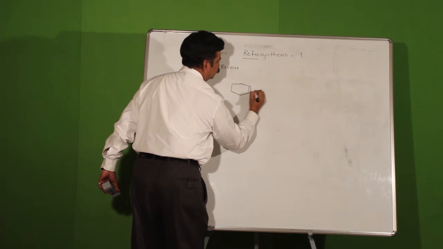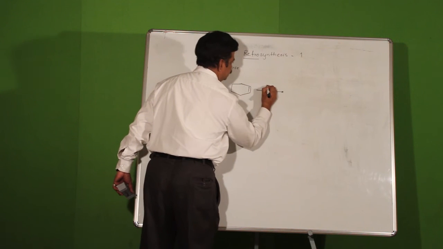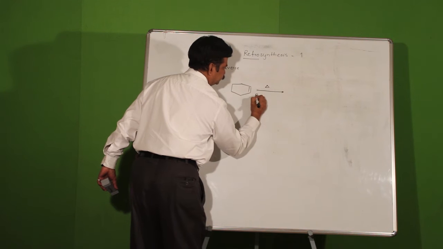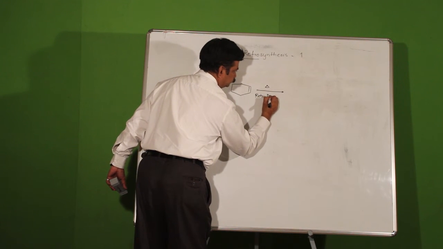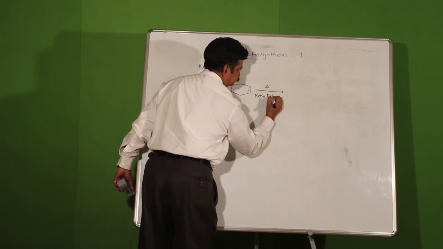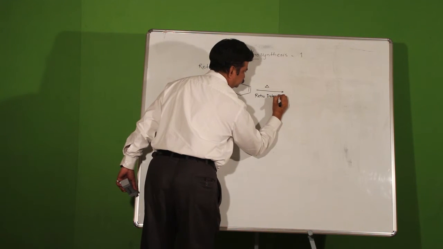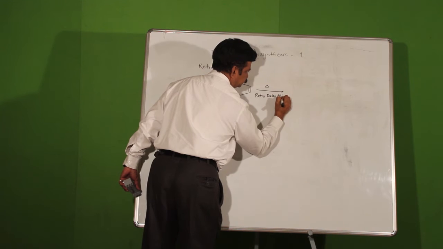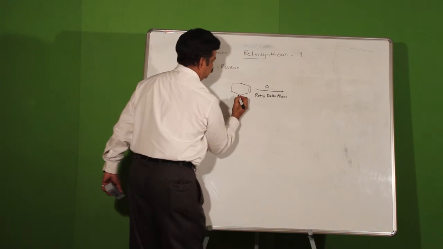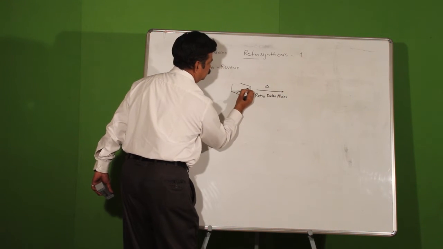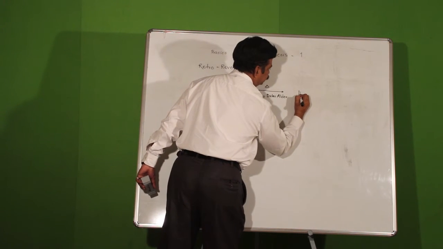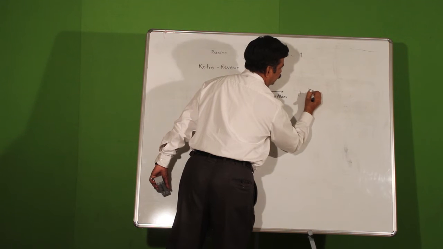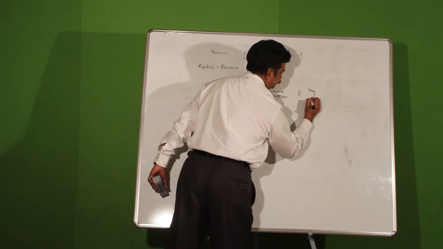Cyclohexene on retro-Diels-Alder reaction gives ethene and butadiene.